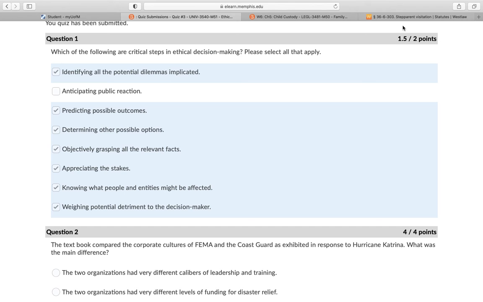So, again, if I look back in the book, the first bullet point was understanding the facts. So that's why I chose objectively grasping all the relevant facts. Identifying the ethical issues involved, I looked to identifying all the potential dilemmas implicated.